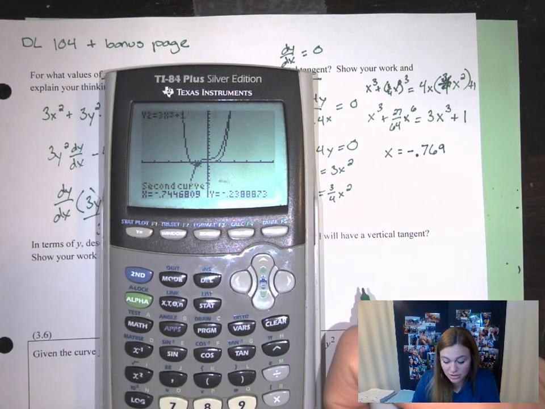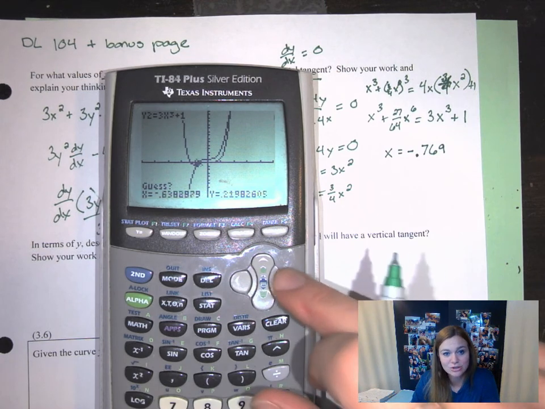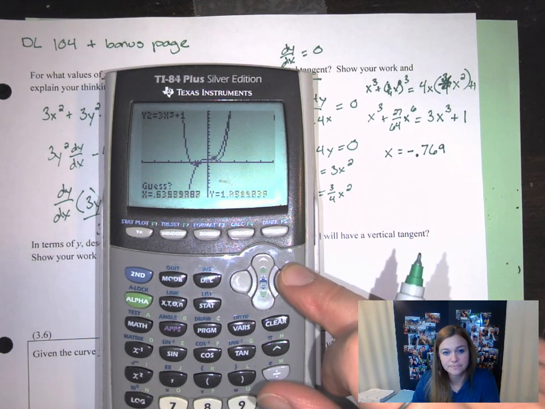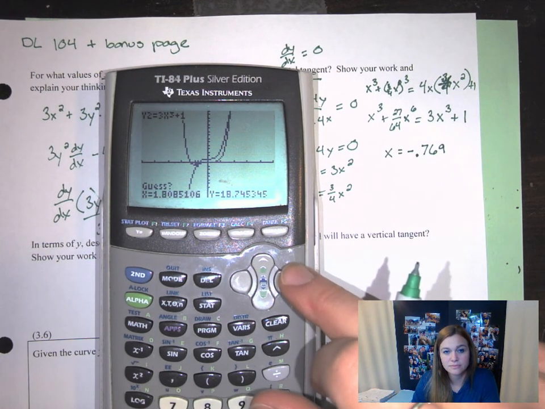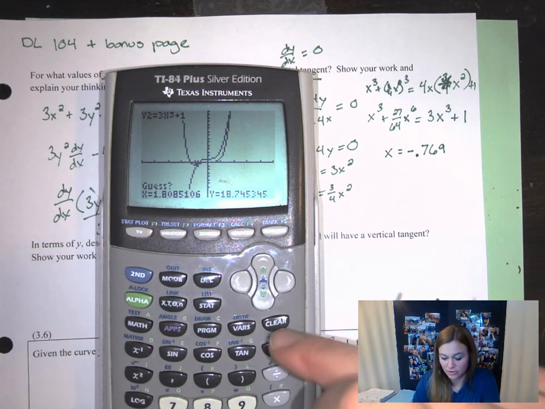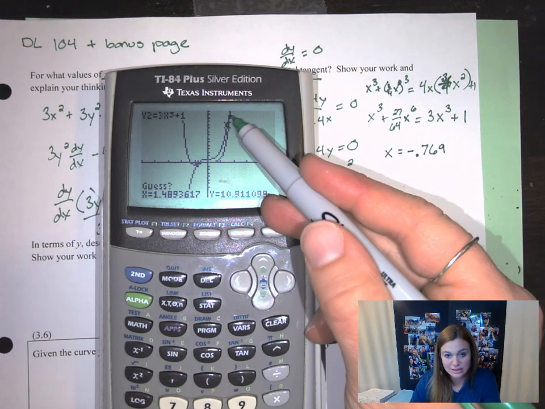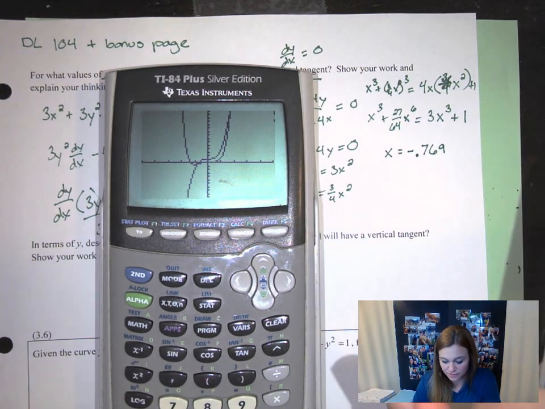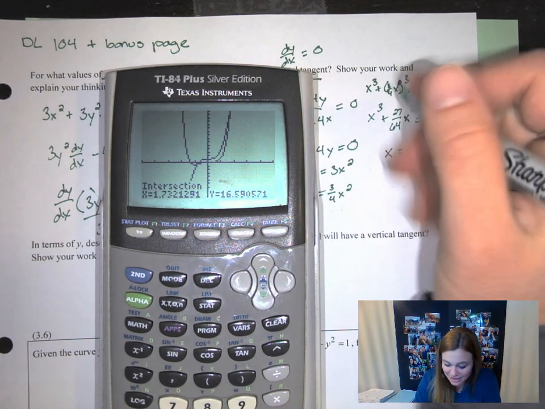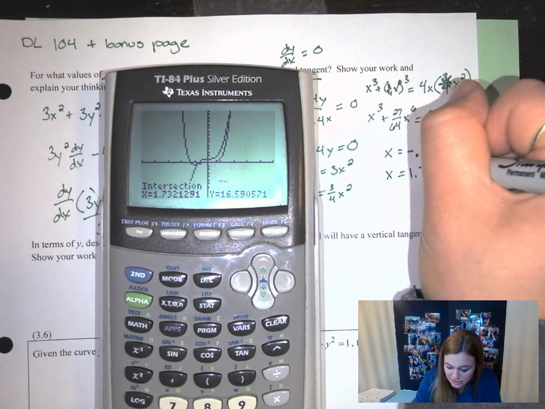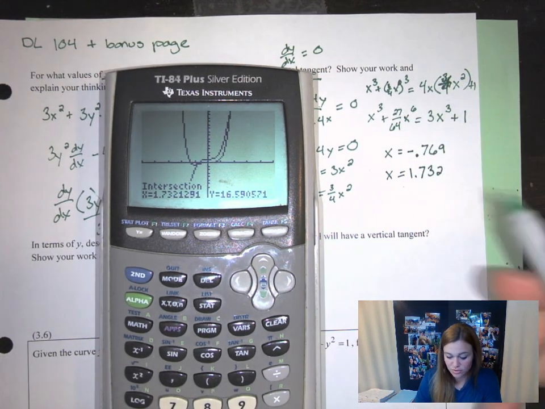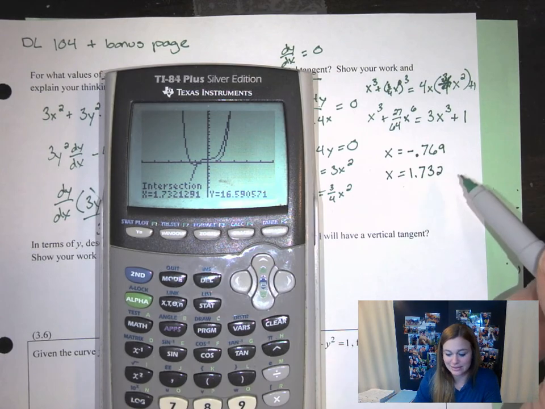I still push enter, but when I guess, I need to use my right cursor until I get closer. There we go. You can see I'm closer to this intersection point now. I'm going to push enter. And I can see I'm at x is equal to 1.732. This one rounding or truncating, you would get the same thing.